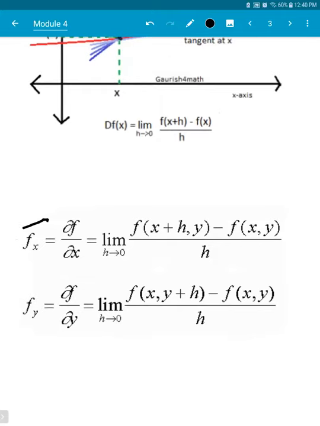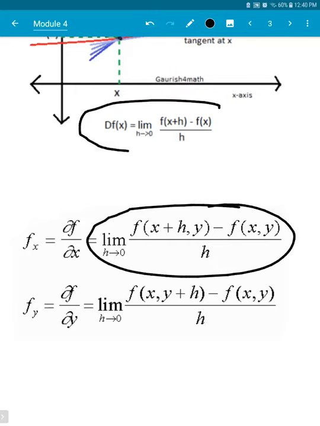Looking at the partial with respect to x, that's how we denote it, f subscript x, or sometimes this symbol here is read as partial. So here we have partial of f with respect to x. We use partial because there's another derivative, the total derivative, and actually this is beyond the scope of the course.